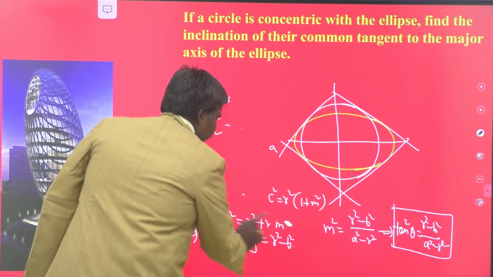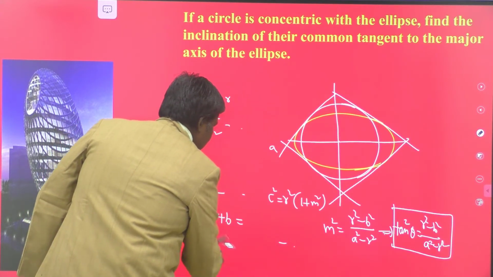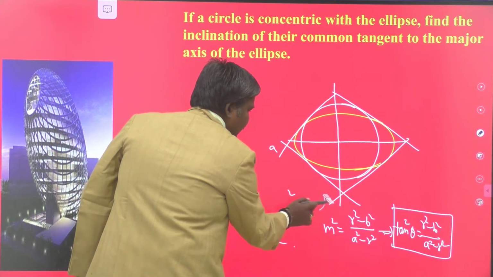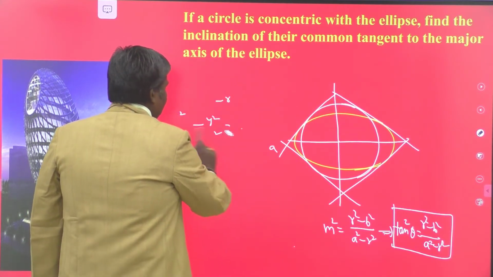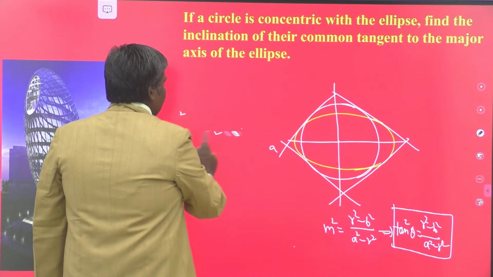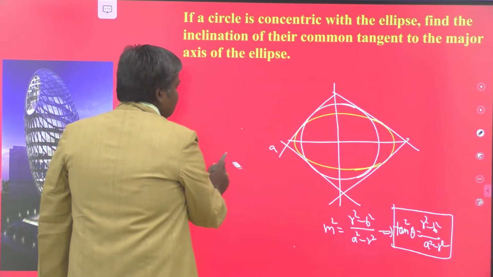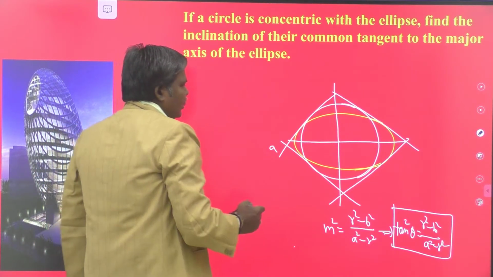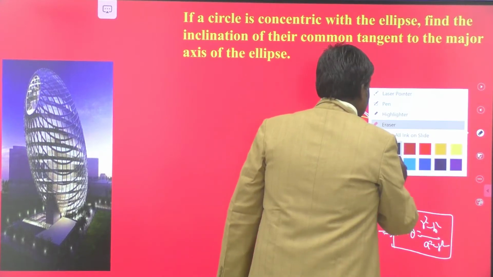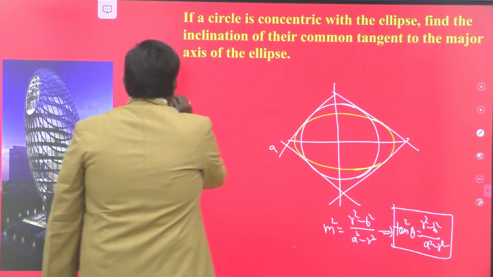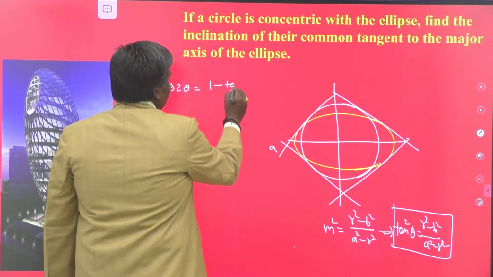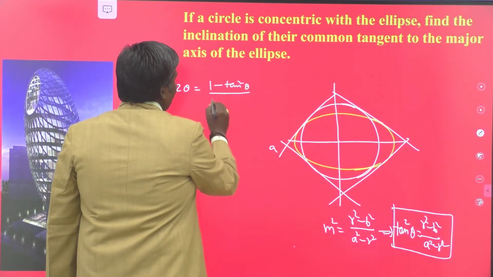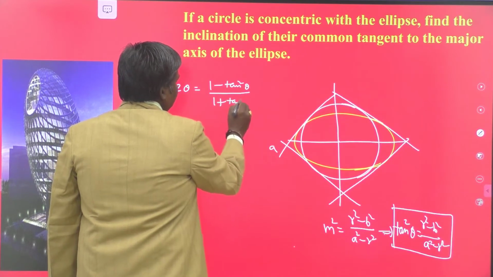See here, we have m square equal to that. From that we can calculate tan square theta as (r square minus b square) by (a square minus r square). We have cos 2 theta equal to, from the formula in trigonometry, cos 2 theta equal to (1 minus tan square theta) by (1 plus tan square theta).